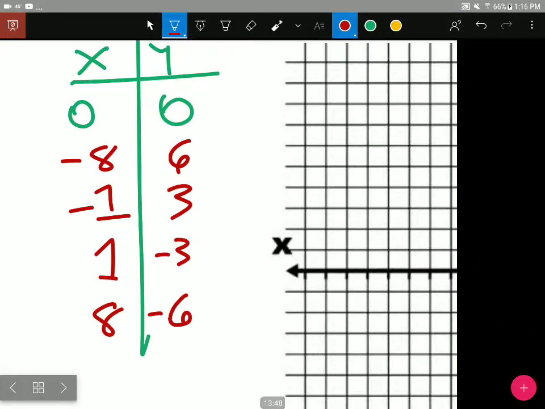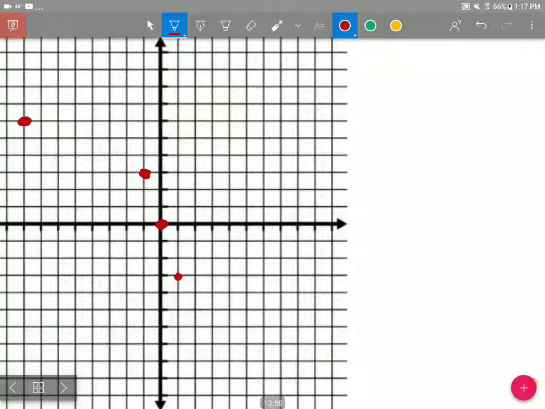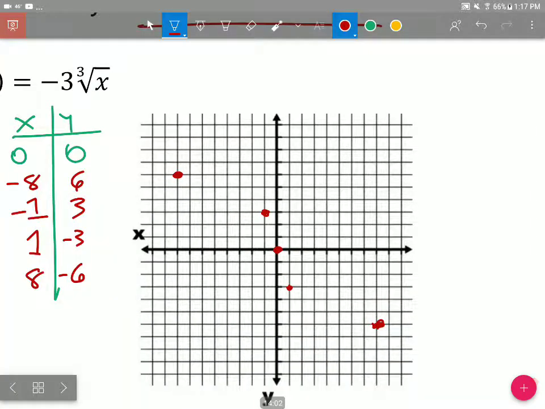Okay, and so we got 1, 2, 3, 4, 5, 6. 1, 2, 3. 0, 3. Yeah, right there. And you go like, oh, that's horrible. Let's try that again. And it looks like that.